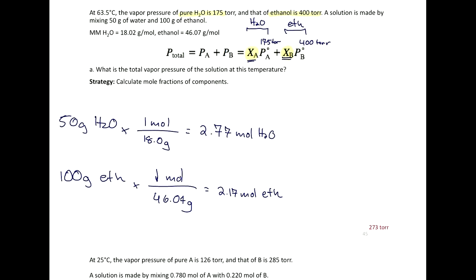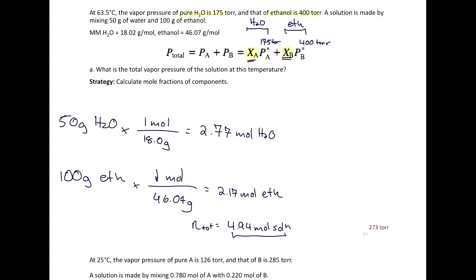So we have mole amounts of two different components. I'm going to calculate my total mole amount of the two components of this mixture. In total, I have 4.94 moles of stuff in this solution altogether. The solvent, the solute, I'm not sure which one's the solute and solvent, all right?